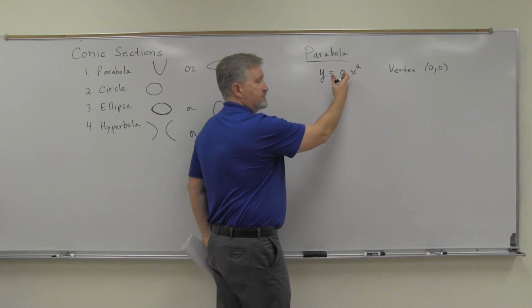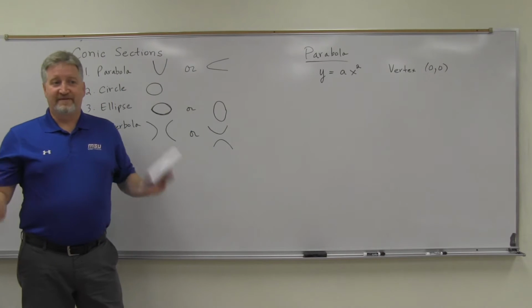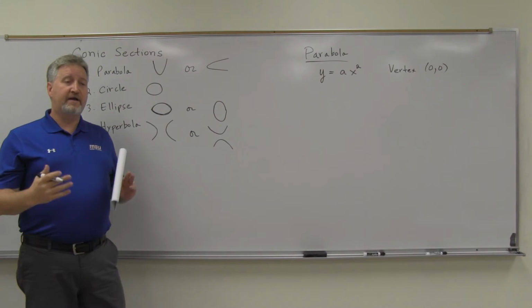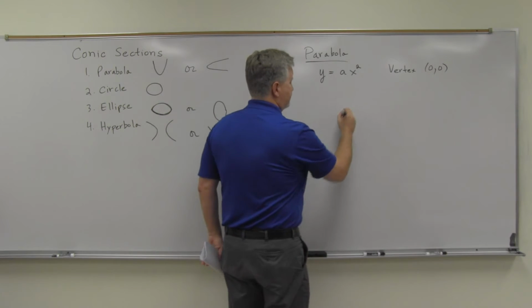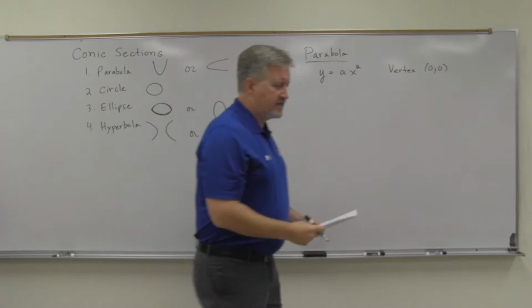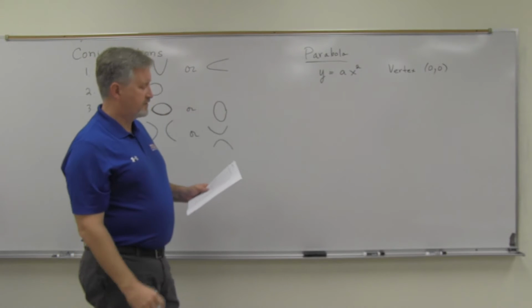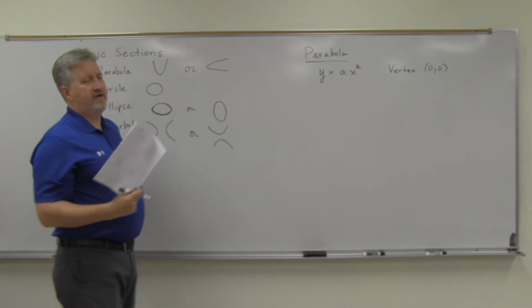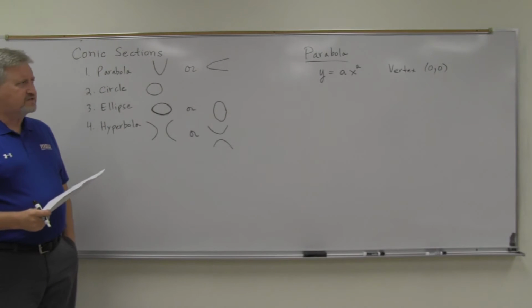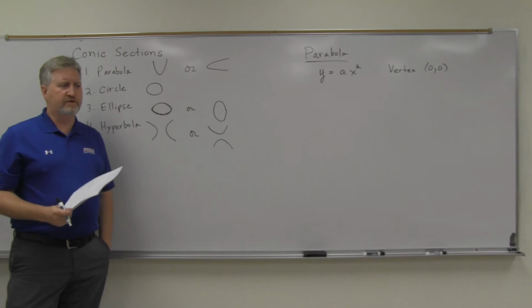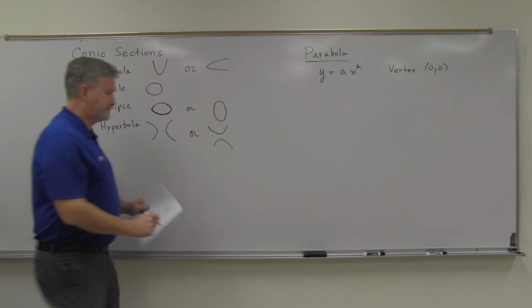Now the a, of course, that tells me opens up or down, right? This is a little bit of review. It tells me whether it opens up or down, but it also gives me what is known as the focus. And so let me go through the handout first and talk about it, and then we'll get into more details about that parabola here in just a second.